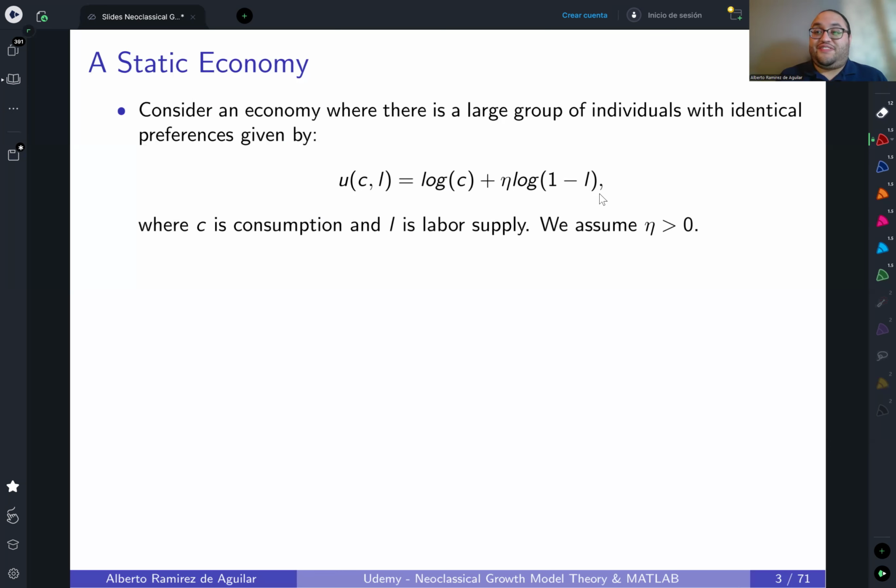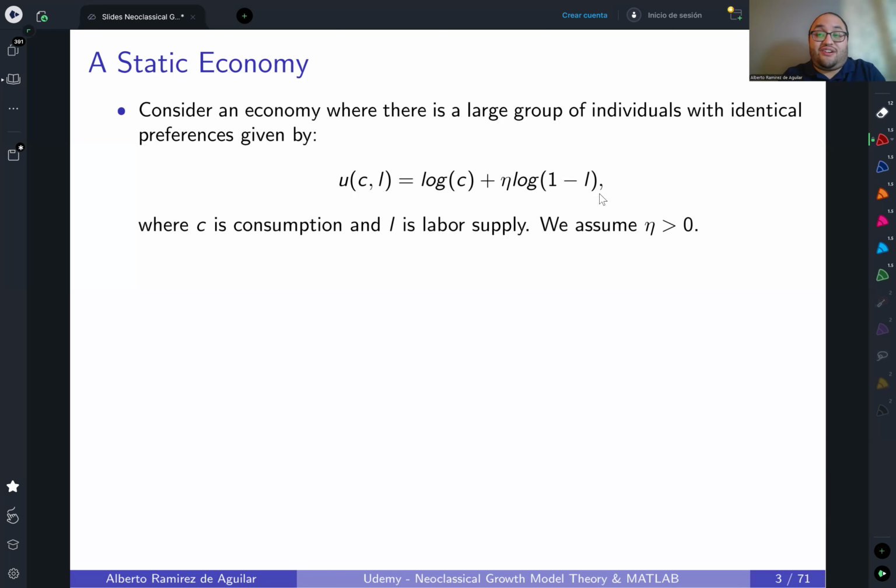This makes our lives very simple because, since we're assuming that every individual has the same preferences, we can pick one of those individuals and analyze what that individual would do, and that individual is going to mimic the rest of the individuals.